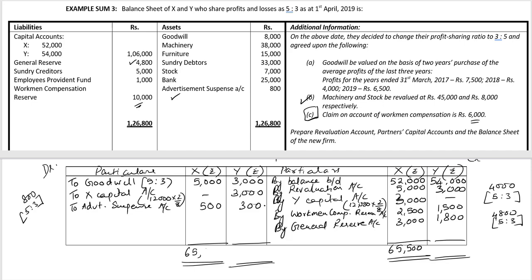The total for X is 65,500 rupees and to balance carried down 60,000 against X. The total of Y is 60,300 and the balance carried down for Y is 54,000 rupees.